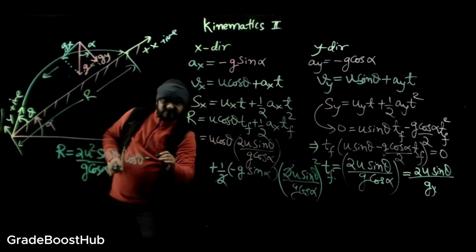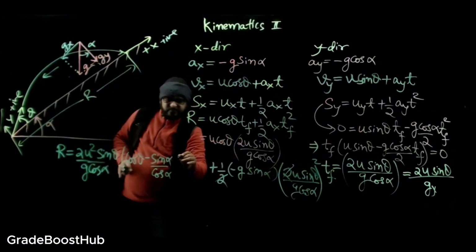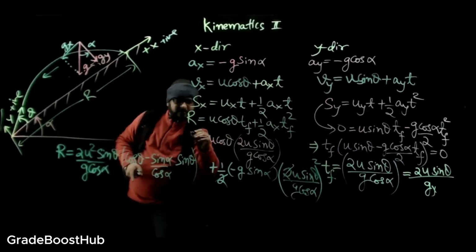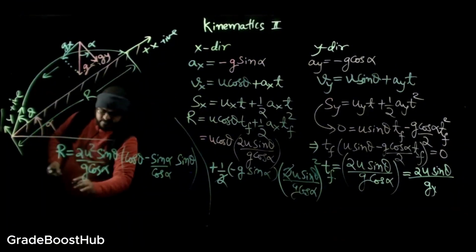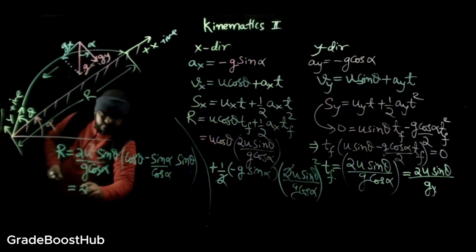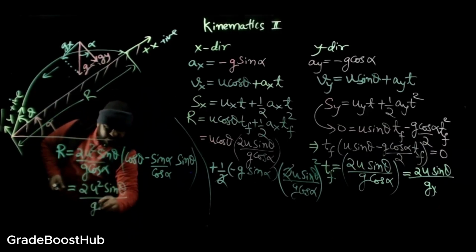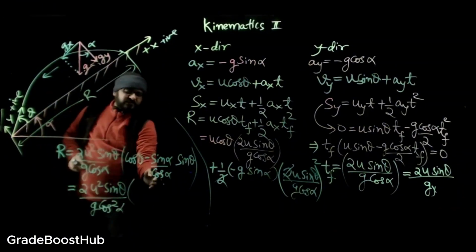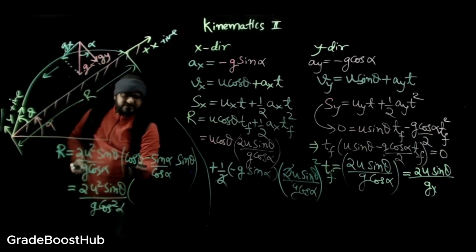So we have sine alpha by cos alpha, and one sine theta is out. Now this expression looks really very beautiful, right? 2u square sine theta by g cos square alpha, and you have cos theta cos alpha minus sine theta sine alpha. What will be the answer?